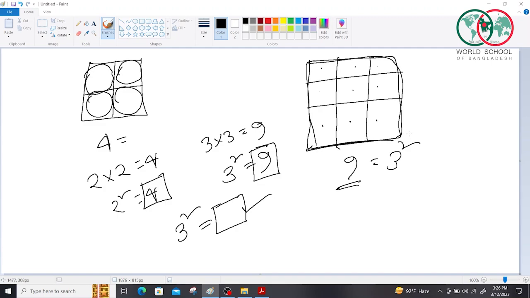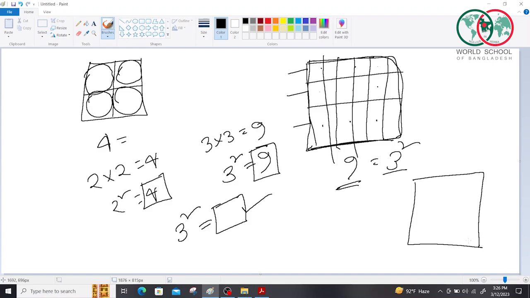So why are we getting 3 squared? What does it mean? Here the number of rows is 3 and the number of columns is also 3. That means if we want to count the length and width by boxes, the length is 3 boxes and the width is also 3 boxes.